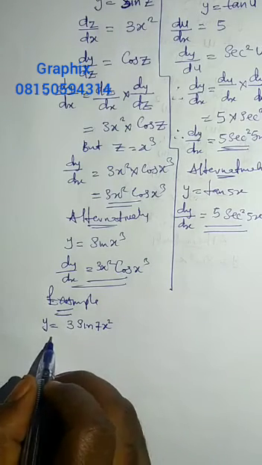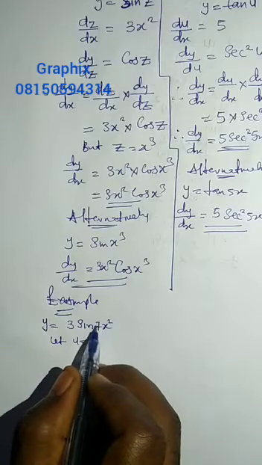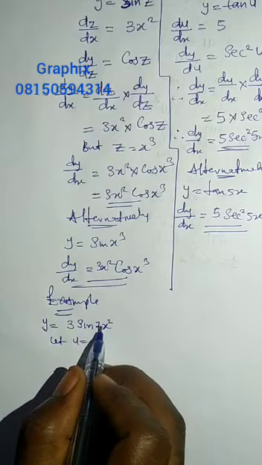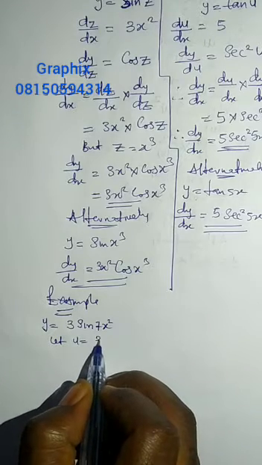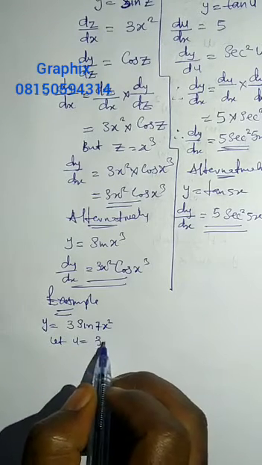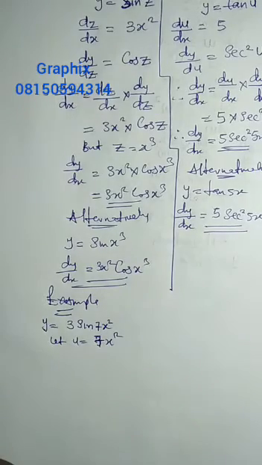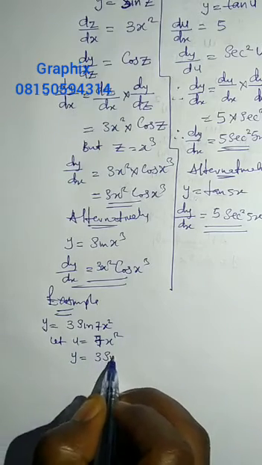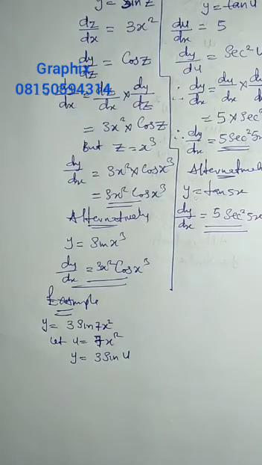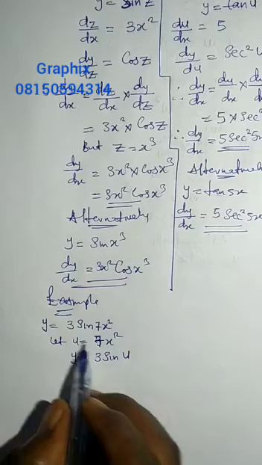I'm going to say let u be equal to whatever I have in front of this, right? So in doing that, I'll be having 7x squared. Then if I rewrite that, I'll be having y equals 3 sine u. Are we good?